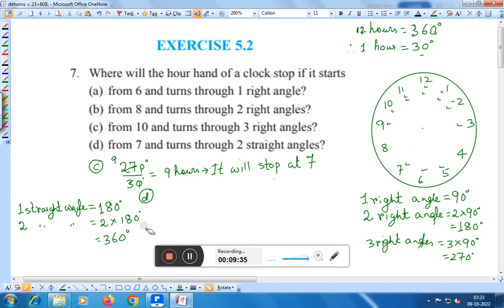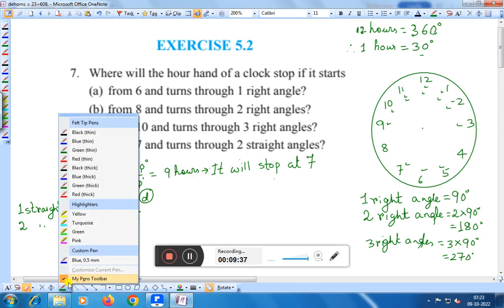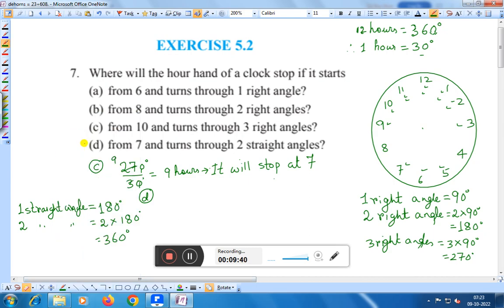From 7 and turns through two straight angles. This is 7.